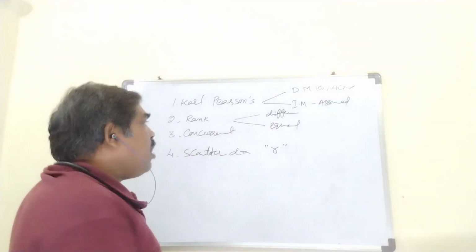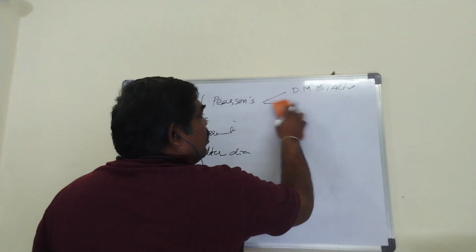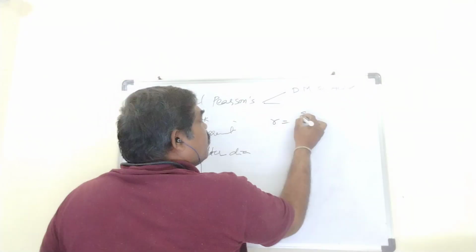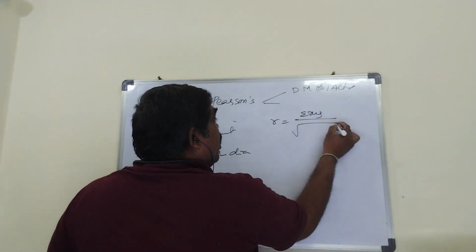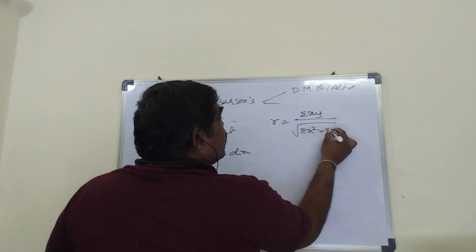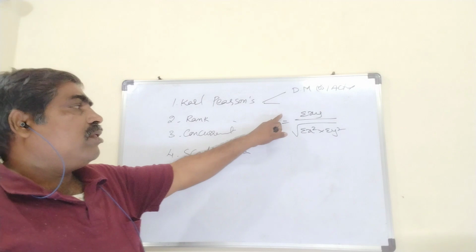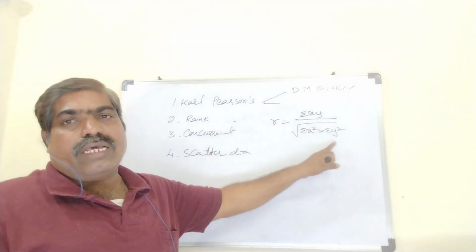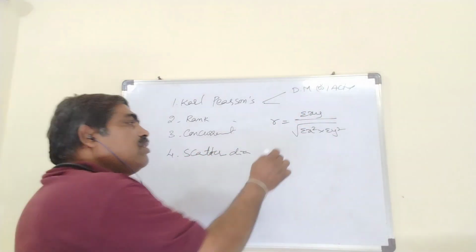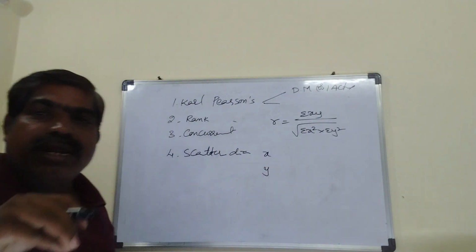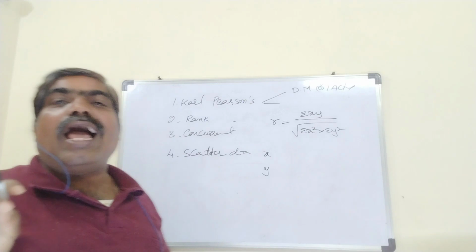What about the direct method? The direct method formula is R equals summation xy divided by under root of summation x square into summation y square. What is the meaning of x and y? We take the deviations from the actual mean.